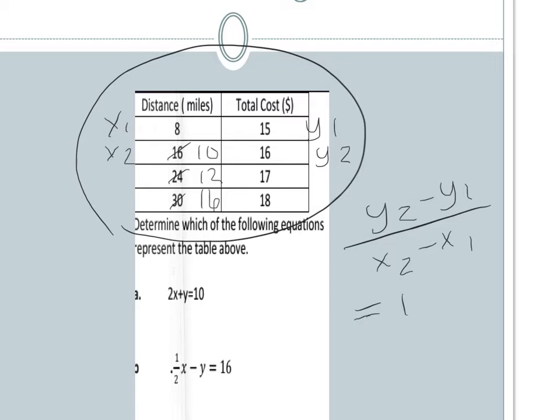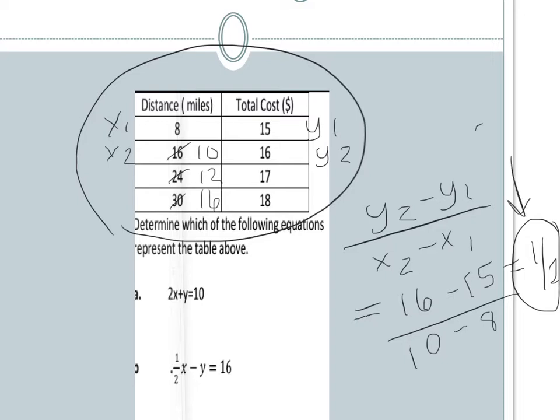So my y2 is 16, my y1 is 15. So I'm going to do 16 minus 15. My x2 is 10, my x1 is 8. So I'm going to do 10 minus 8. When I get that, I should get a 1/2. So my slope should be a fraction. So I'm going to label that as slope. So anytime I see a table, the first thing you got to think of is slope.